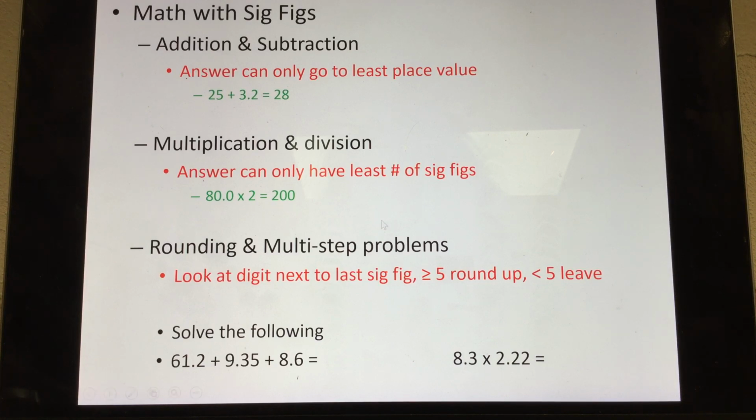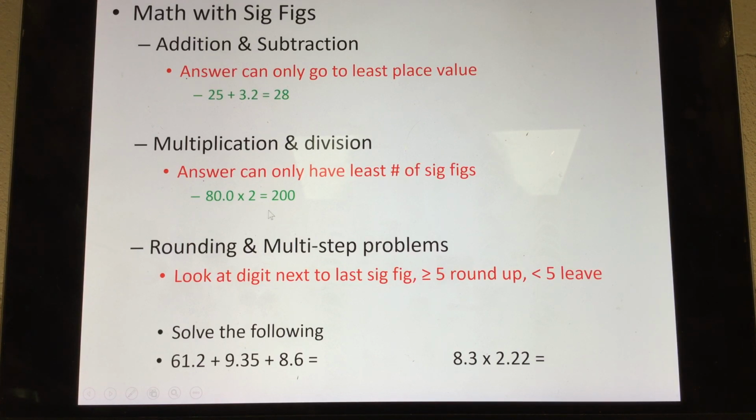And because it was greater than or equal to 5, we rounded up, which is how we came to 200, as opposed to if 80 times 2 was 140, instead of 160, we would round down to 100. So if it's less than 5, we don't do any rounding. We would leave it.